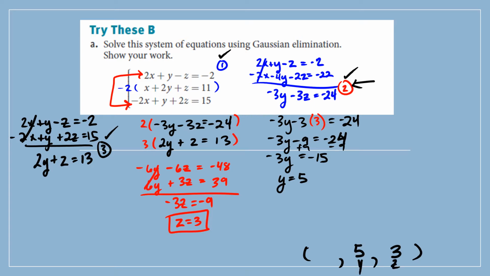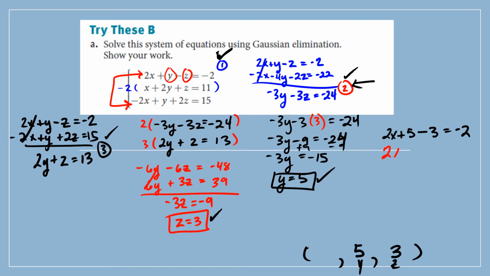And then I can plug z and y into equation number 1 here. So I would get 2x plus 5 minus 3 equals negative 2. I just plugged in the y and the z into that first equation.